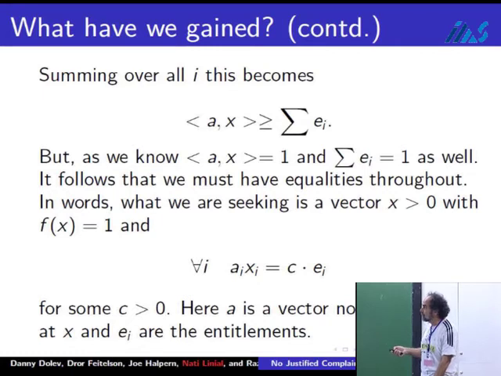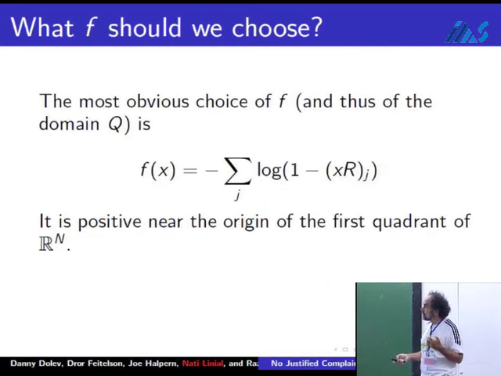The normal to the upper boundary of Q at this point x is the vector a. And the condition is exactly what's written here. You multiply a and x coordinate-wise, and you get a vector that's proportionate to e. So the advantage that we've gained here is that now fairness has become a system of equations. Okay, good. And in fact now, so what?